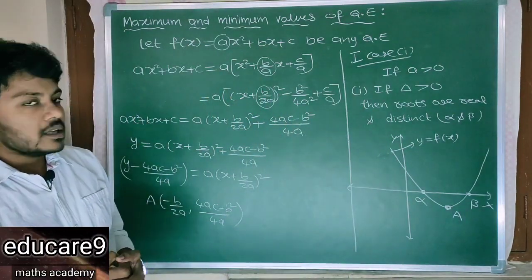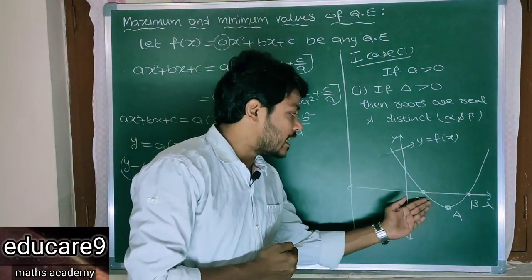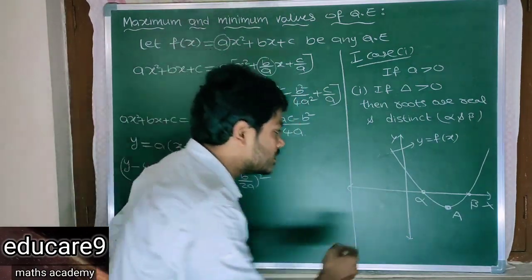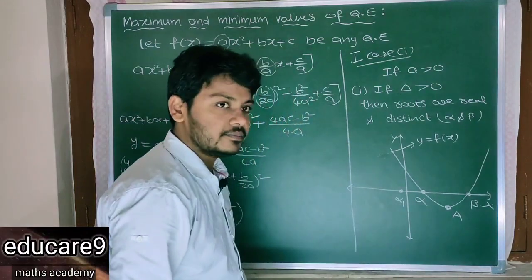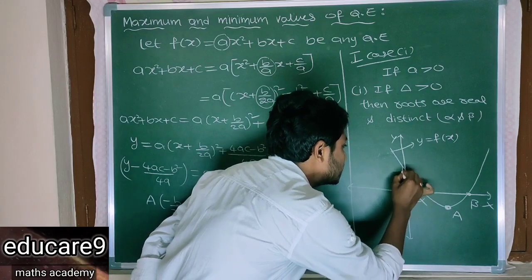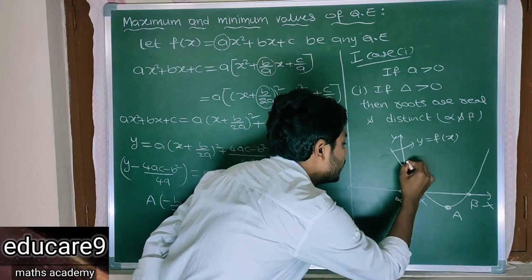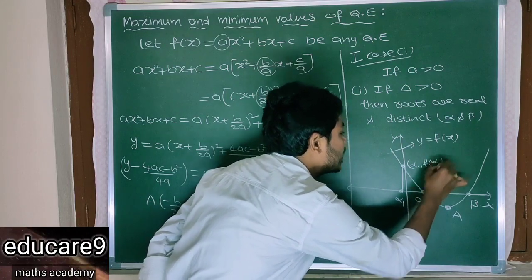Okay. Now see here, if x values are less than alpha, for example this value is some alpha 1, and this point is alpha 1 comma f of alpha 1.